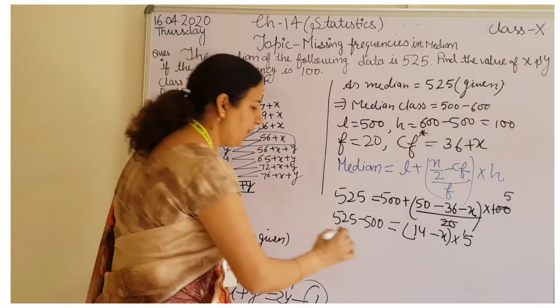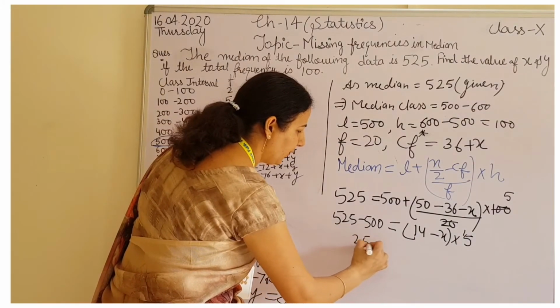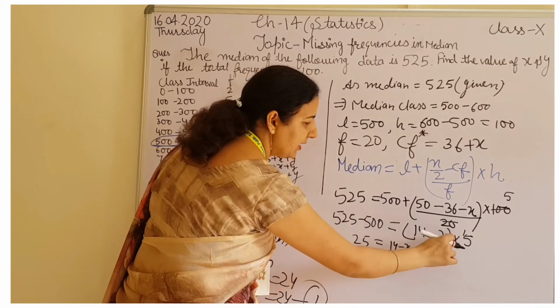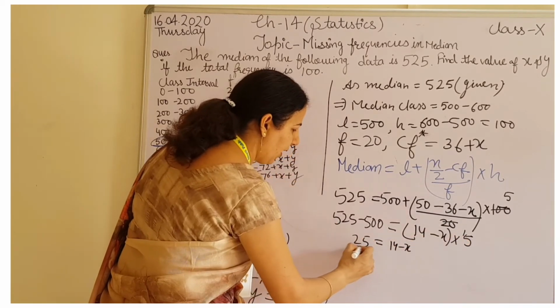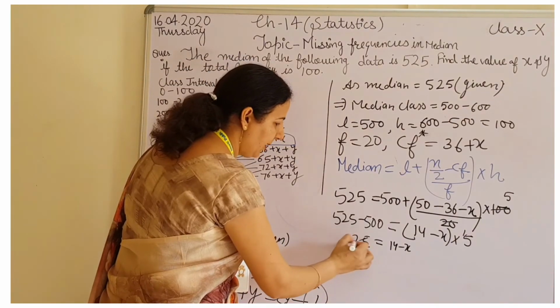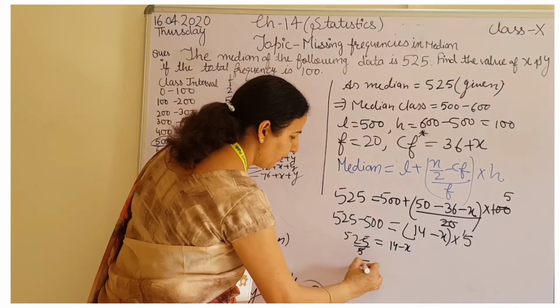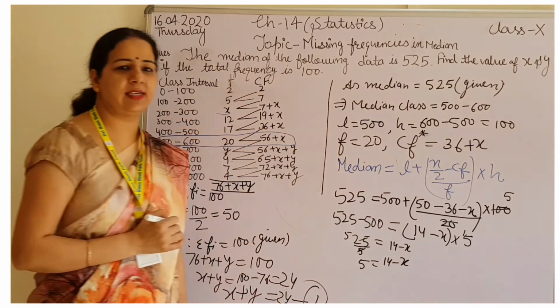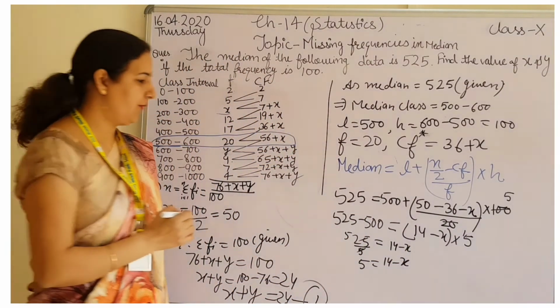This is multiplied by 5, so now it is divided by 5. 5 fives are 25. So we are having 14 minus x is equal to 5.